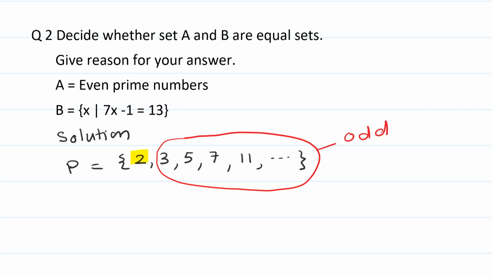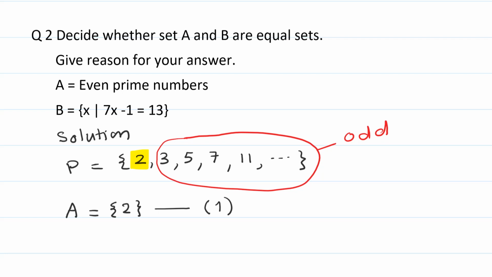So only one number in this set is even. So A set has only one element. Only one number is satisfying given condition, A is even prime number. 2 is the only even prime number. And therefore set A is {2}, assign number 1.